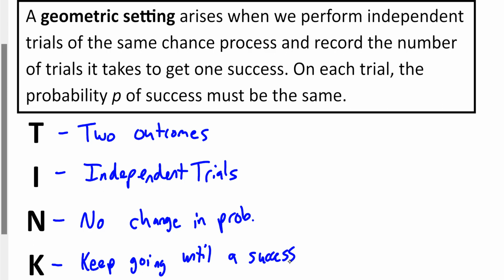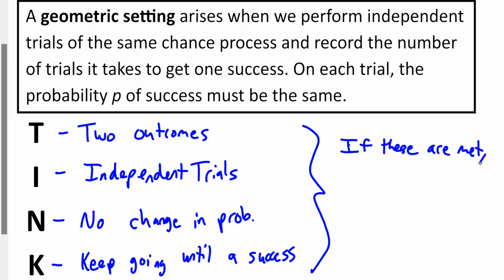If these conditions are met, the random variable would be geometric. We'll say if these are met, the random variable X could equal the number of trials till the first success.